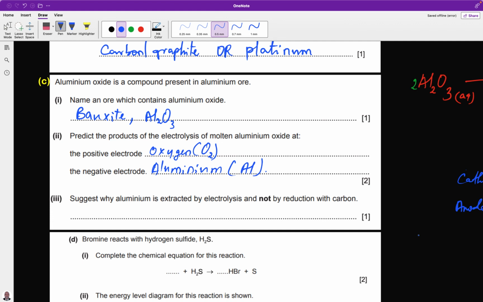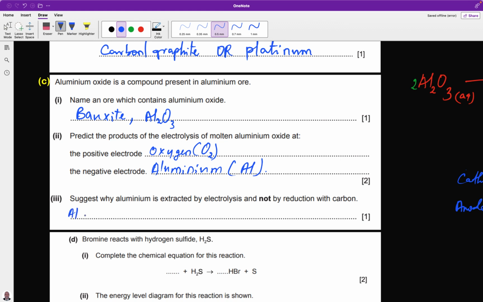So our reason here is because aluminum is highly reactive.